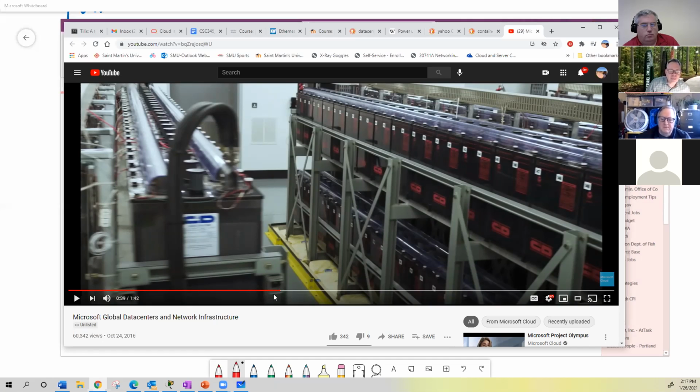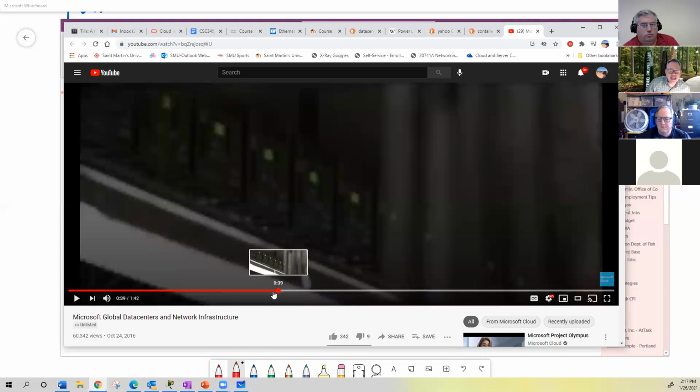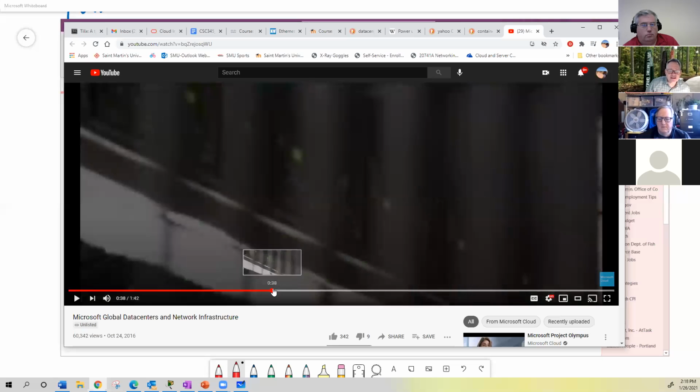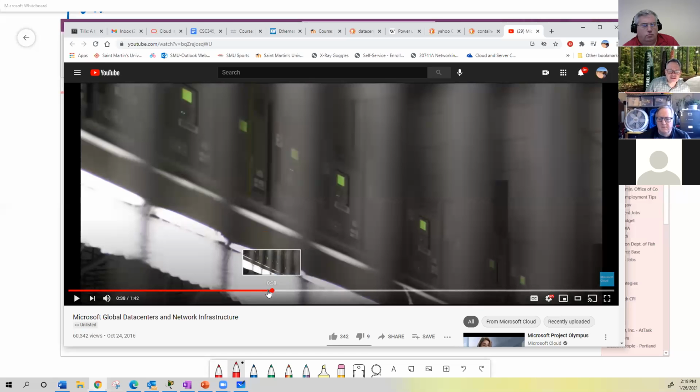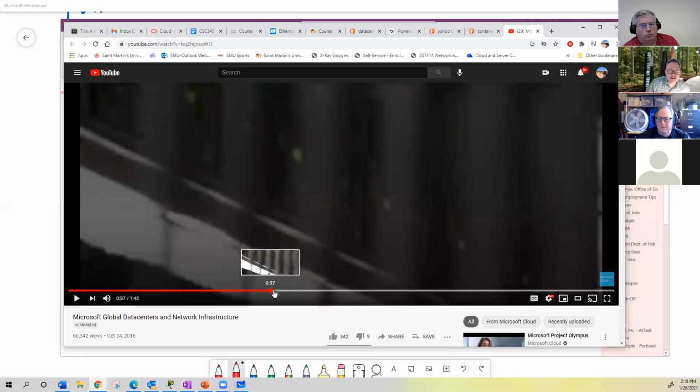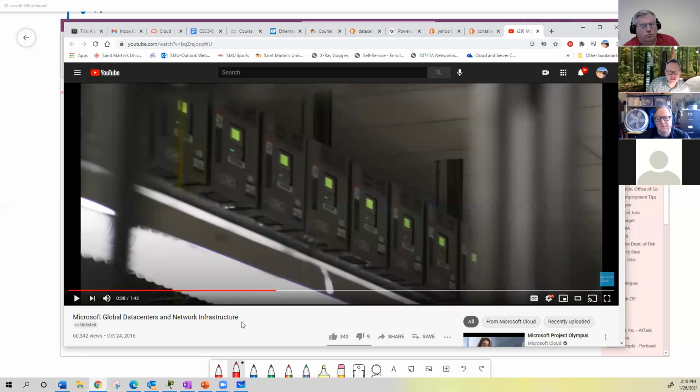Okay. And these, what are those? Those are power distribution boxes up above your server racks where power comes down from those.